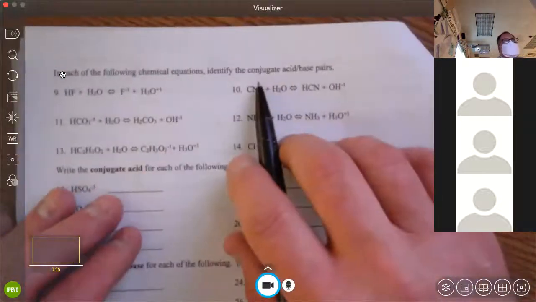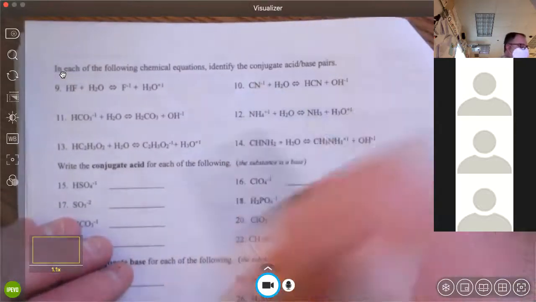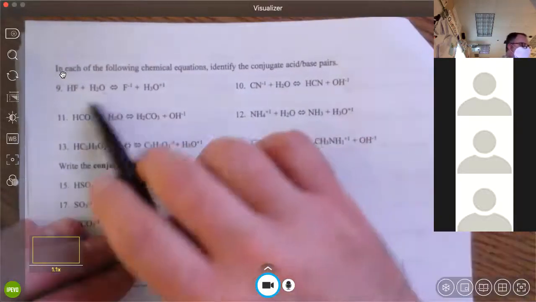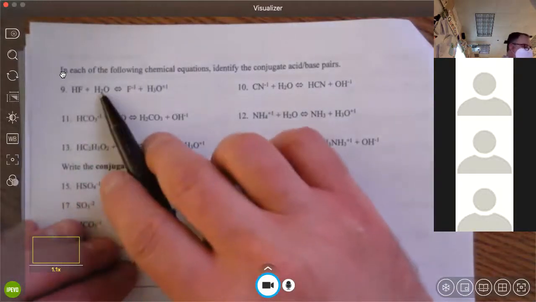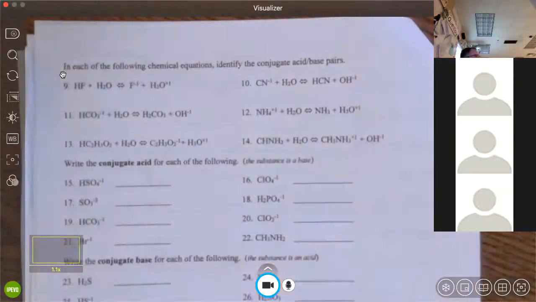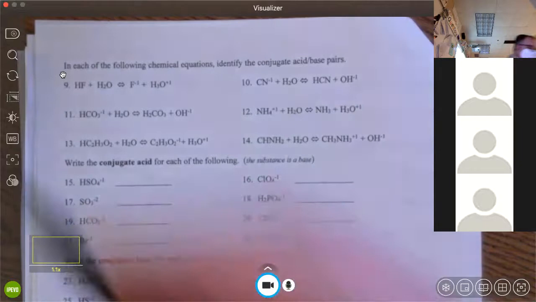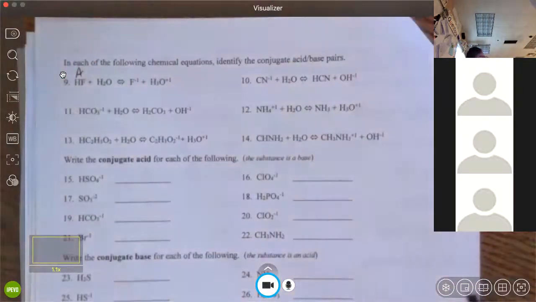For each of the following chemical equations, identify the conjugate acid-base pairs. So this is just like that first exercise we did. We're looking for something here that loses an H and gains a negative charge. Does HF lose an H or does H2O lose an H? HF loses an H. So it's an H donor, or a hydrogen ion donor. It's an acid.